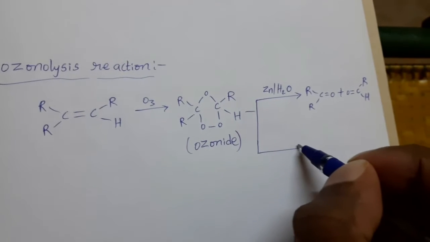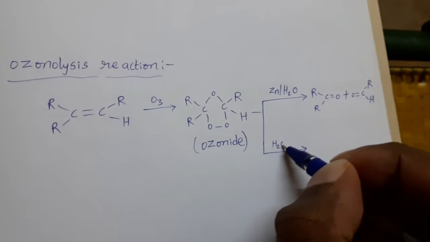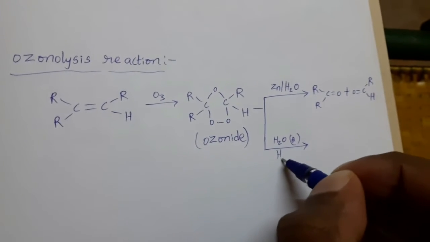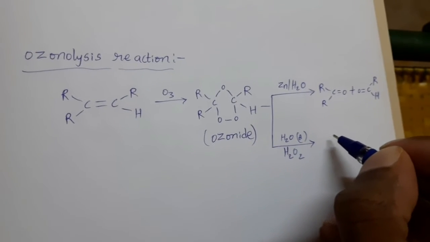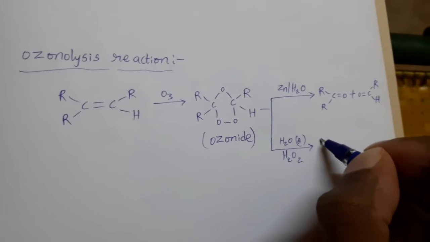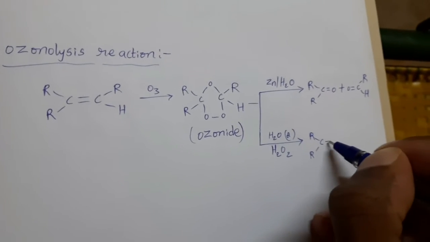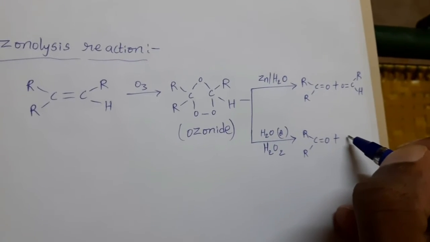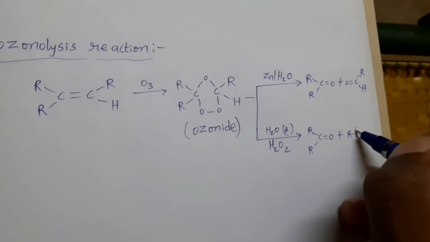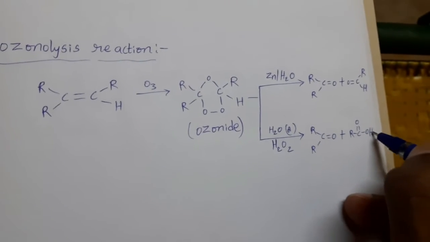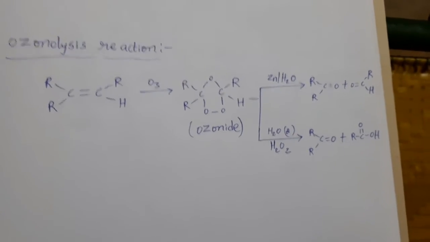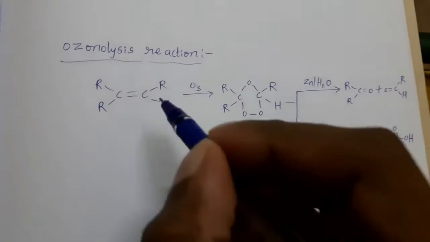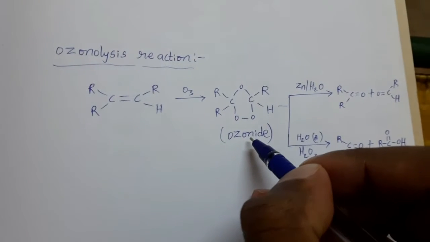The same ozonide is treated with H2O or hydrogen peroxide. Then we can get ketone plus carboxylic acid. So in this way, alkenes treated with ozone give ozonide.